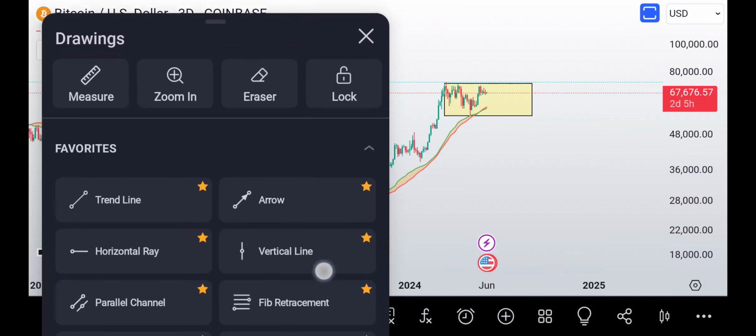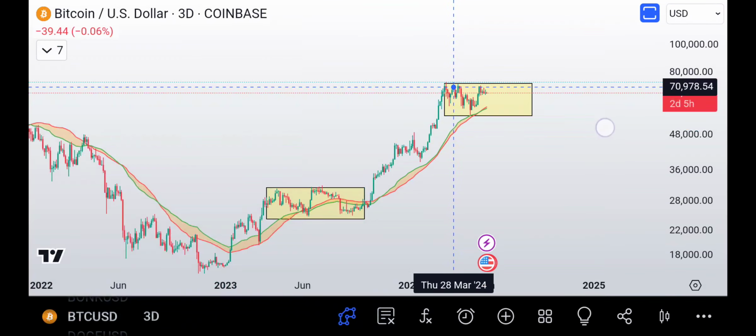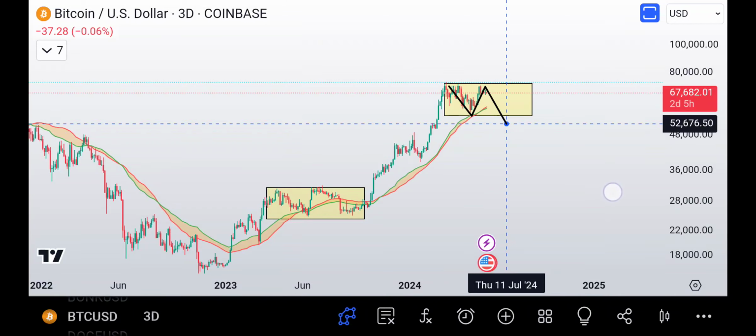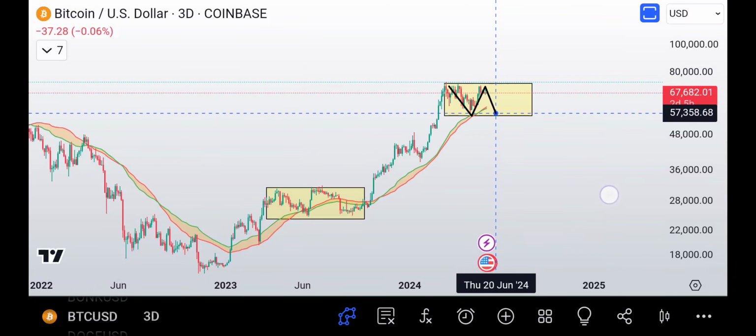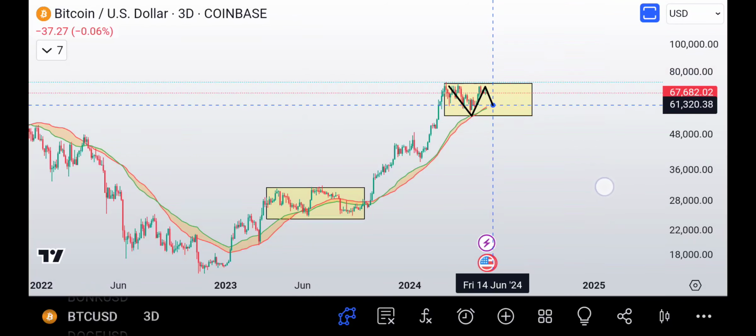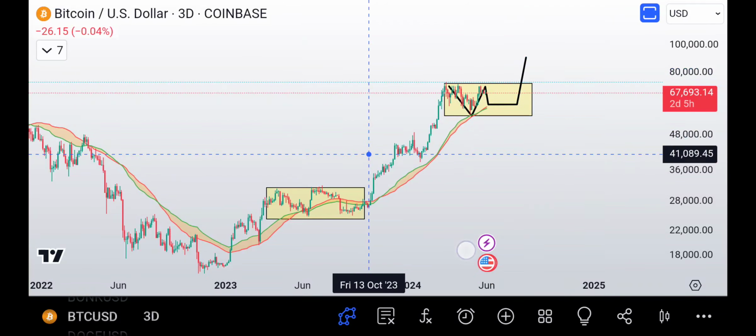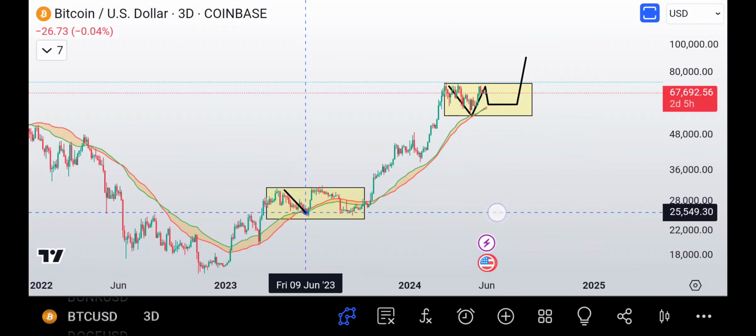That's why I'm like, well, if we do have an ABC or WXY XZ and we come down here, then we would lose the bull market support band and we would really lose the base. So that's why I don't like it. But if we did have to come back down, and then go sideways and then break out, it's kind of like how we went down before.